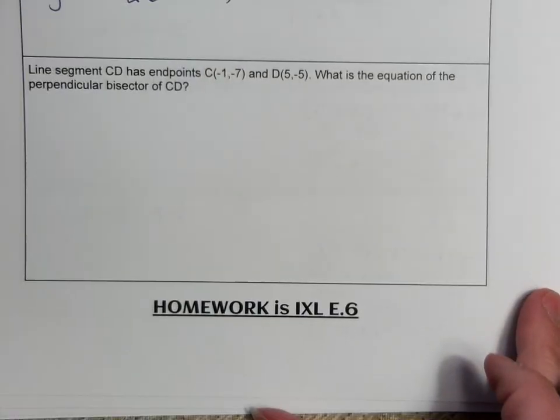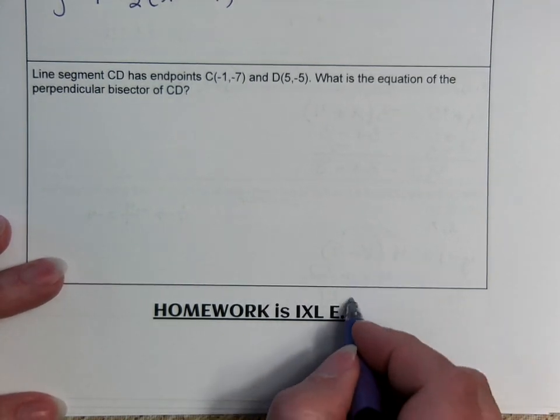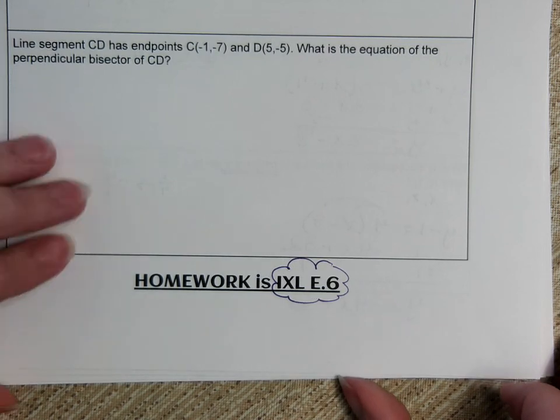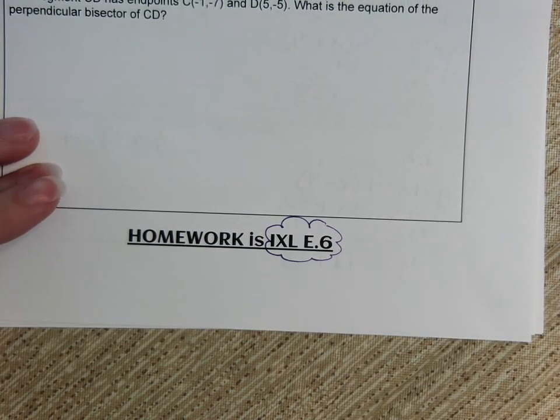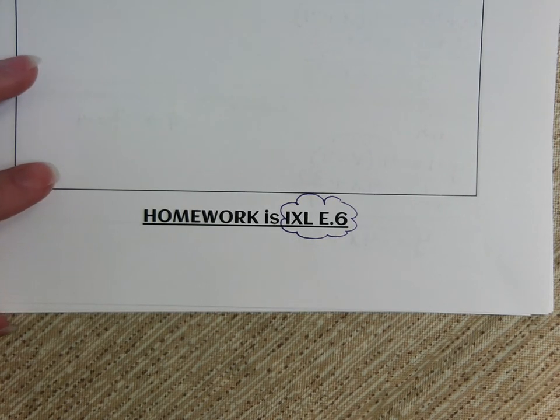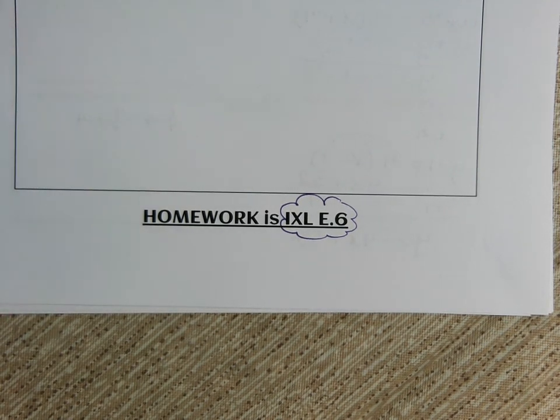So your homework is IXL E6. When I went to practice it myself, just to see what you're going to see, you have to leave your answers either in terms of whole numbers or fractions, no decimals.